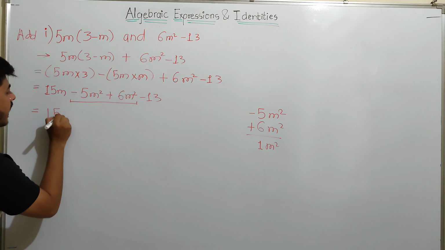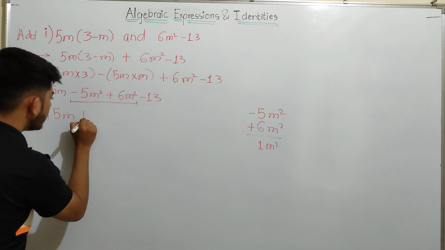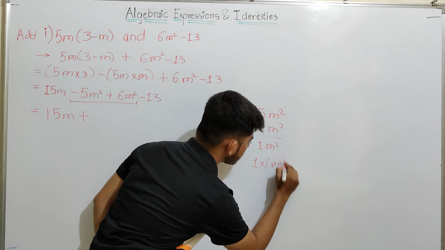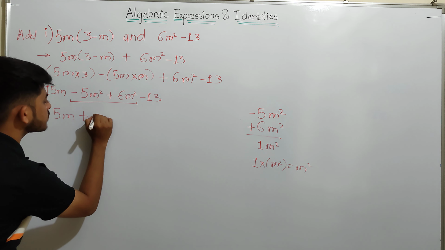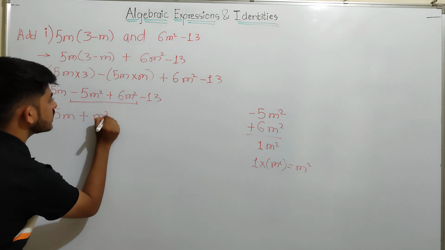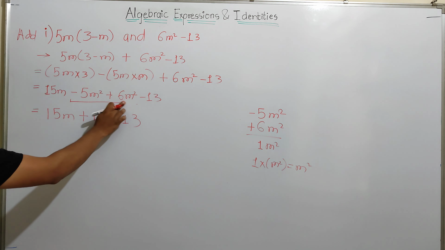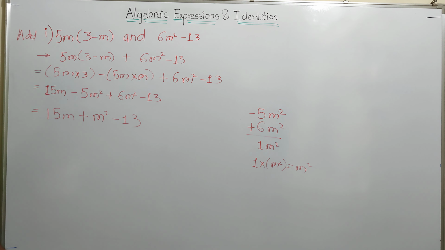So 15m plus, now see here, what do you mean by 1 m square? 1 into m square is equal to m square. We can write it like this also. So write m square over here, minus 13 as it is. That's it. So in a simplified manner, we have solved the example.